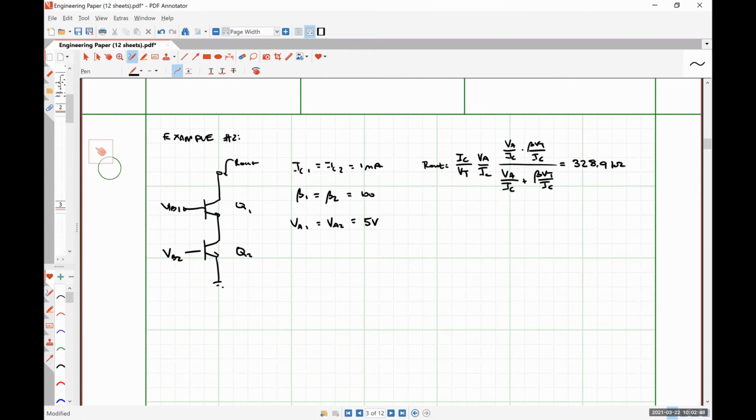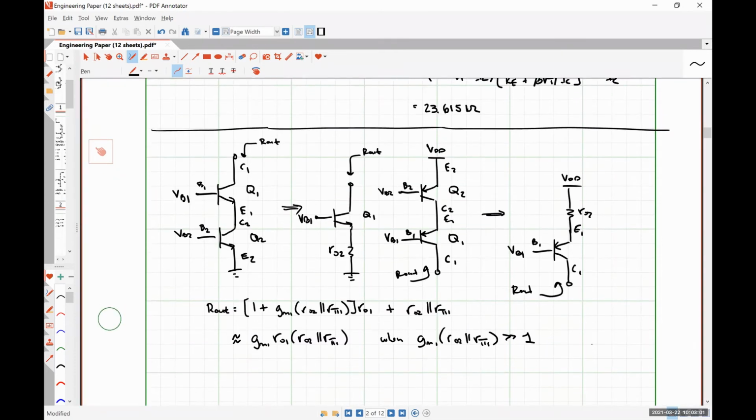Now, here's a question for you guys. Is there a limit to what resistance can reach? So for example, if we tried to cascode with an ideal current source as opposed to an NPN transistor current source, what would R02 be?